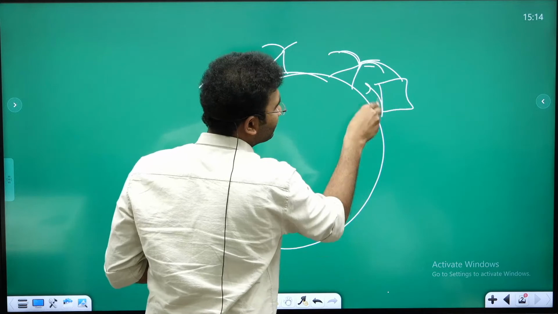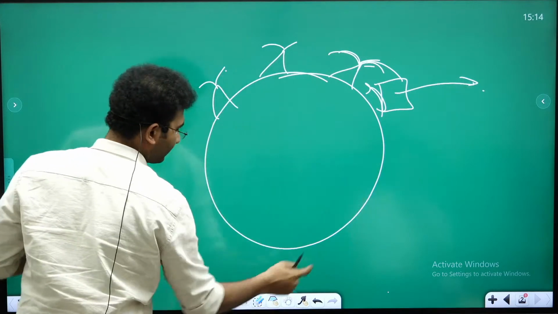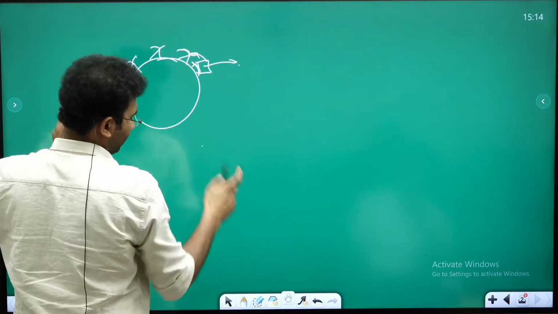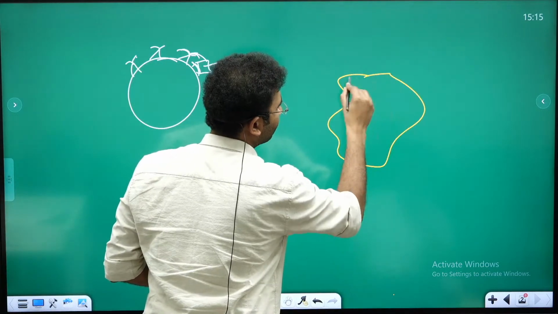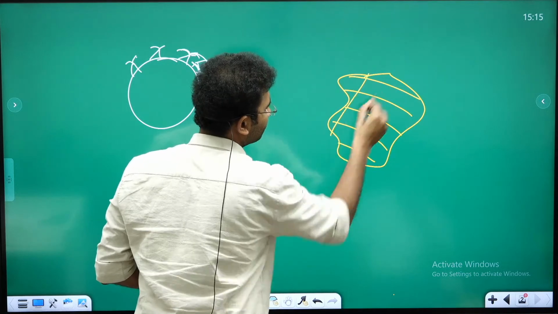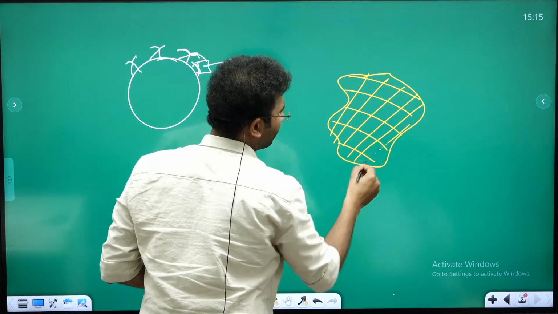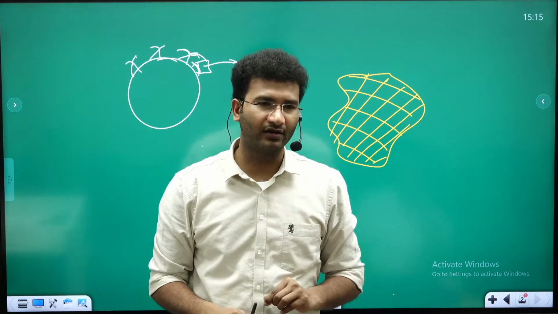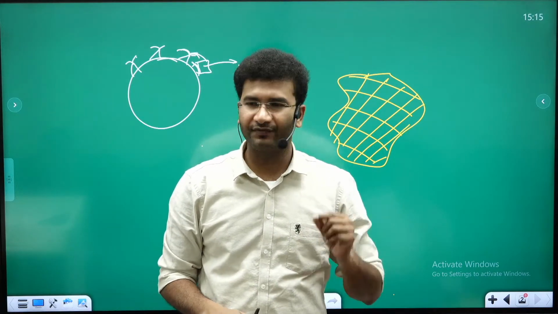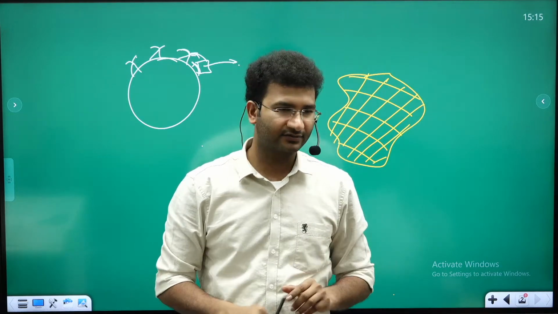Now let us try to study this rock. Imagine this is a fresh rock. When it is hot, before it is getting cooled, it will align itself with the magnetic field of the earth.